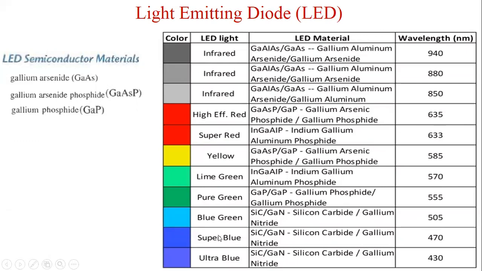Then super blue or blue uses silicon carbide and gallium nitride, so nitrogen mixing happens here. This semiconductor material, formed with silicon carbide and gallium nitride, helps to emit a wavelength of 470 nanometers. So this is how a particular LED is constructed with different materials.